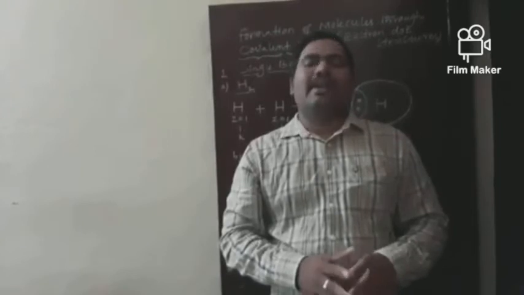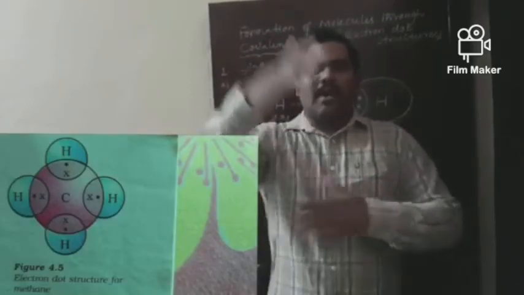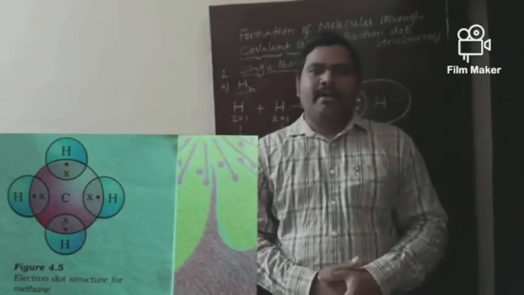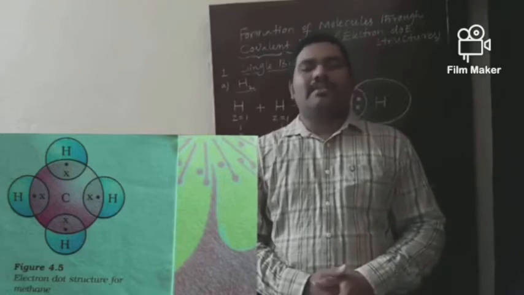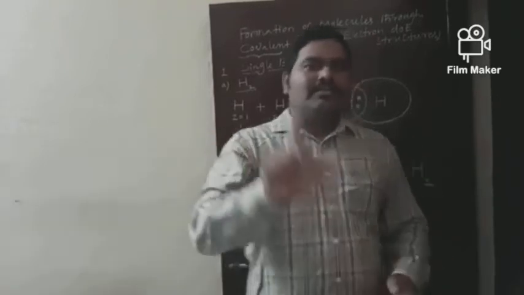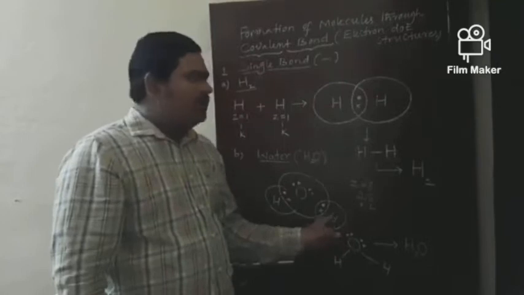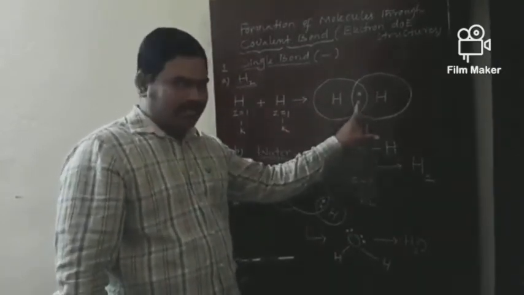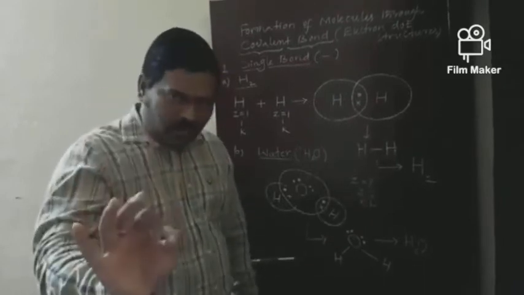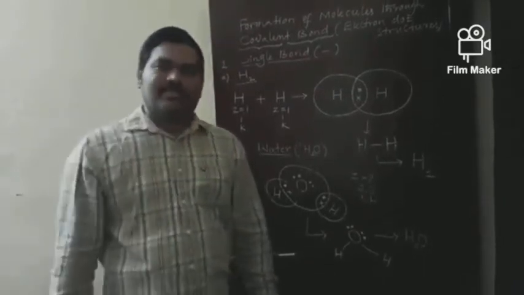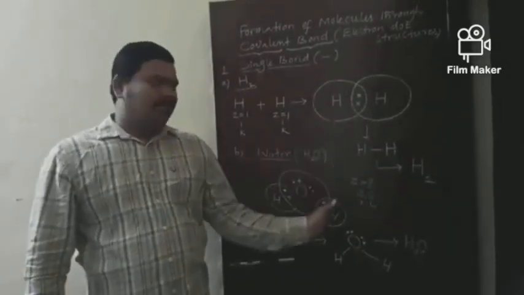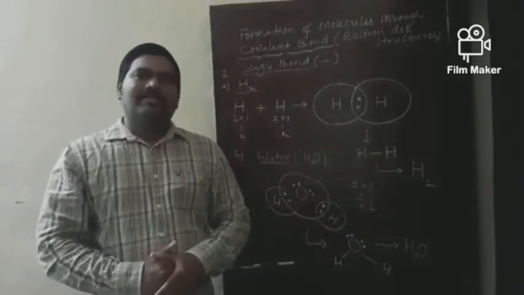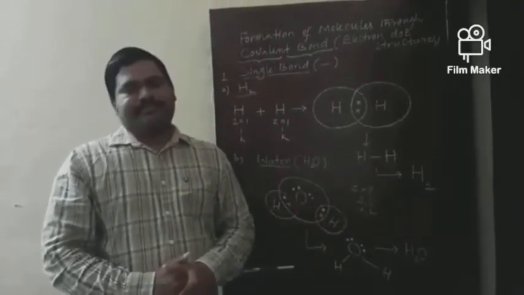And all the 4 hydrogen atoms are arranged in a regular tetrahedron at the 4 corners. In this way, the methane molecule is obtained. And these structures, where we use valence electrons as dots and crosses, are called electron dot structures. So this is about the formation of single covalent bond.